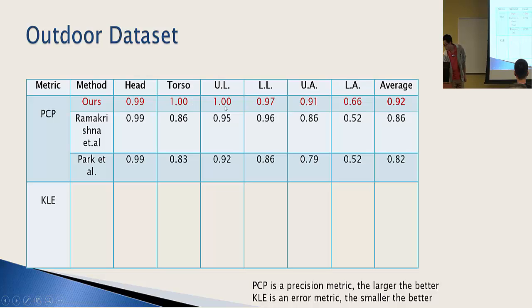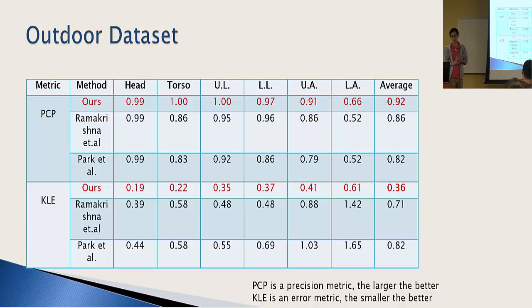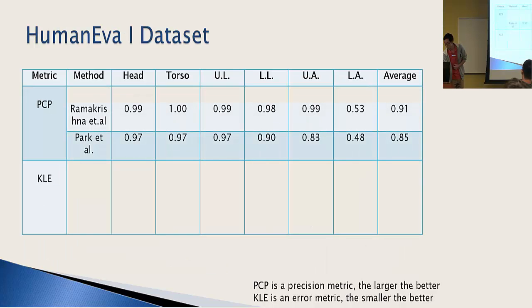You can see that for almost all the body parts, our performance is better than the other methods, and the overall result is also better. Here is the KLE results for the two comparison methods, and our results improved like 40 to 50% for this measure. And here's the results on another data set.